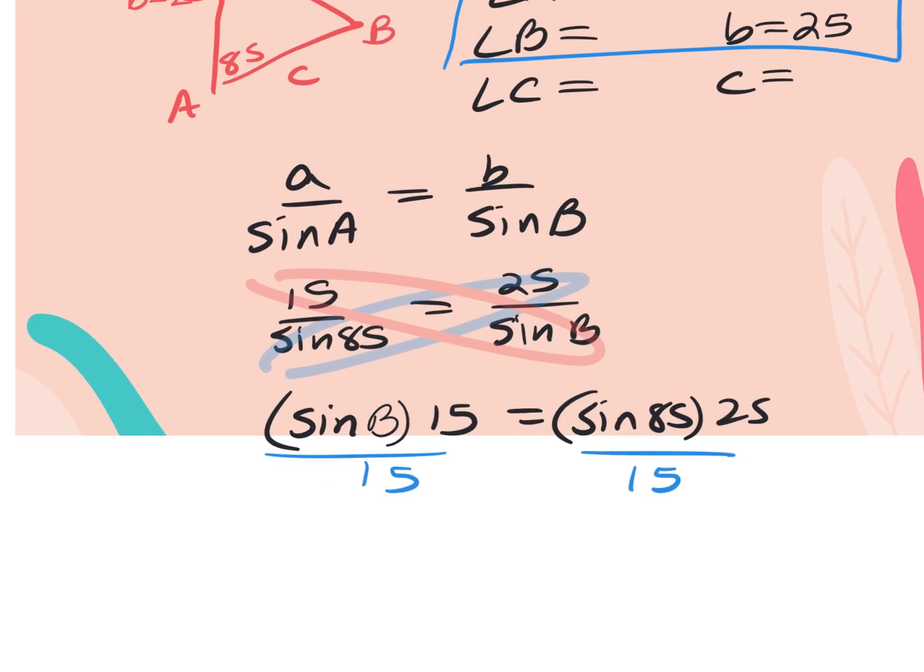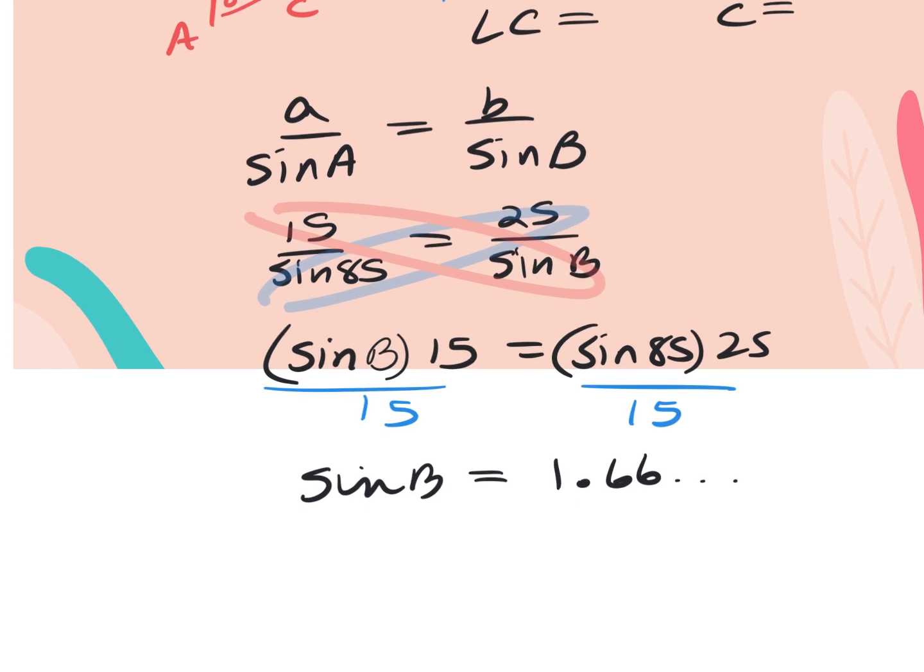Now remember, we're looking for an angle measure. So the sine of B, once I do this multiplication and division, I'm going to get 1.66 something. Remember, sine can't be bigger than 1. So when you go to do this, sine inverse on your calculator, you're going to get error.